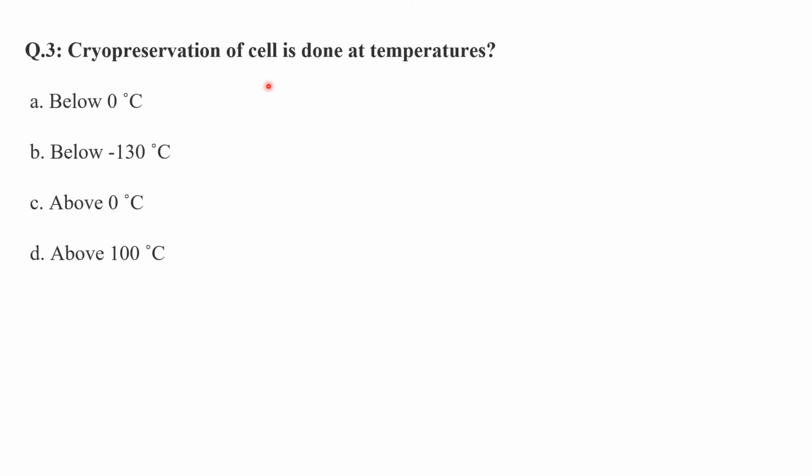Here I will tell you one more thing: when we freeze the cells for the first time, we don't have to freeze them abruptly. For example, if we take the cells in cryovials and place them directly at minus 80 degrees centigrade, this will also damage the cells because it will cause abrupt freezing.